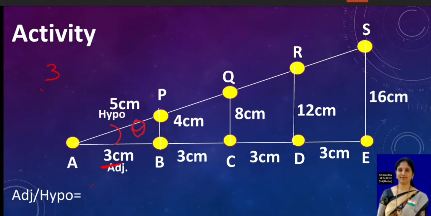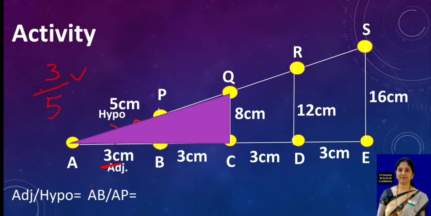So we get 3 by 5 here. That is nothing but adjacent AB by hypotenuse AP. So AB by AP gives us 3 by 5. Similarly, if you consider the other triangle, that is ACQ, here also the adjacent by hypotenuse, adjacent is nothing but AC.